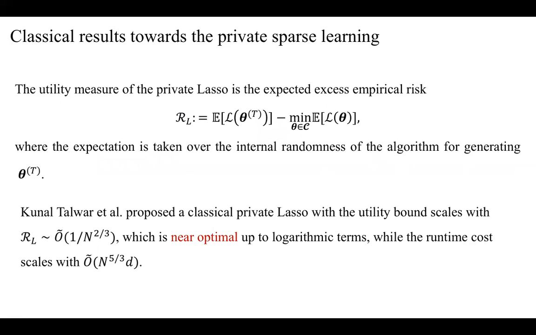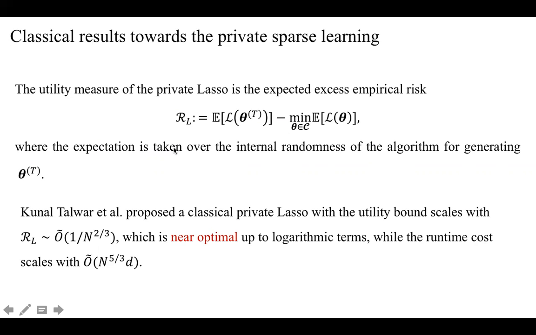The alternative measure of the private lasso estimator is the expected excess empirical risk. This is formulated by taking the expectation of the objective loss function with respect to the trainable parameter, minus the optimal result.